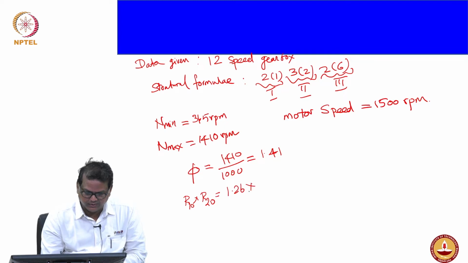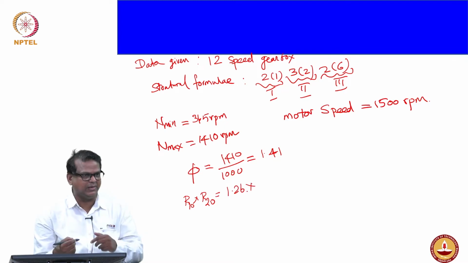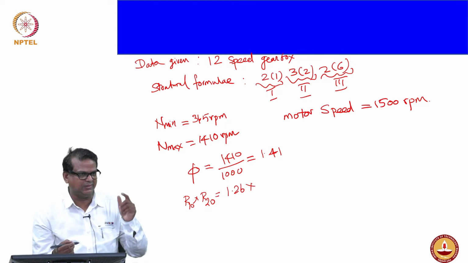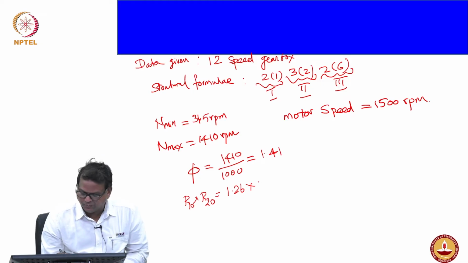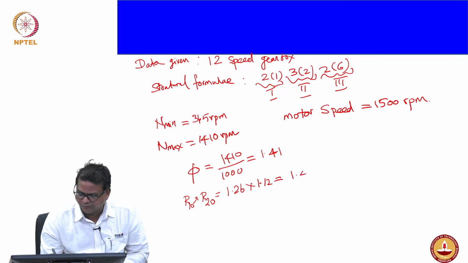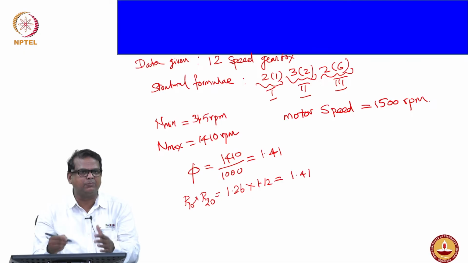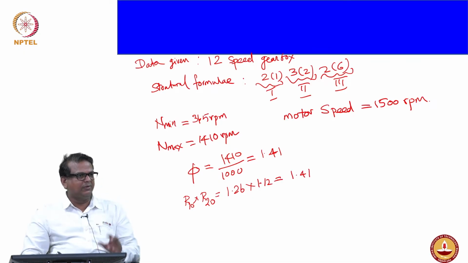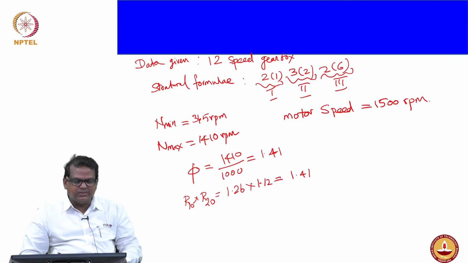For R20, obviously as the series number increases, the step ratio decreases, that you know. It is 1.12. If you multiply that you would expect 1.41. So this gearbox is the combination of two series, R10 and R20.